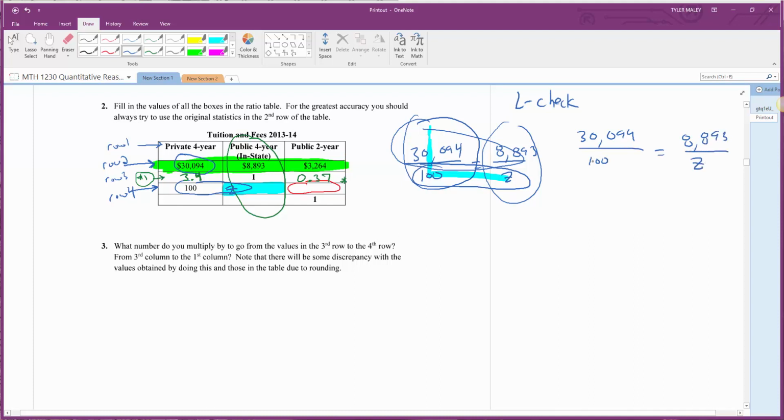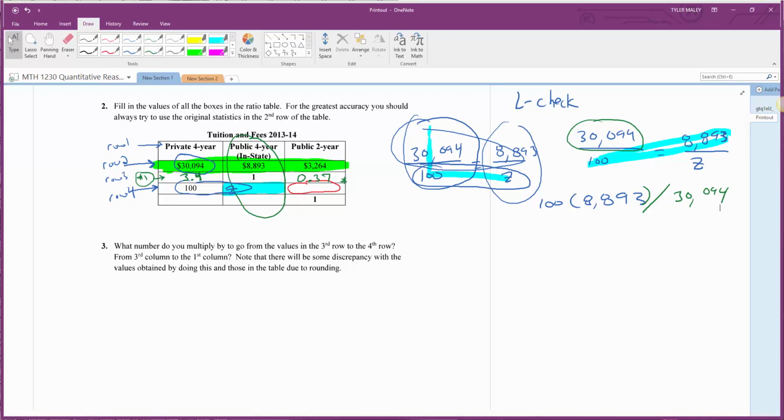In order to find z, we take 100 times 8,893. We multiply the two values that have numbers, the diagonal that has numbers, and then simply divide by the number that's left, the 30,094.